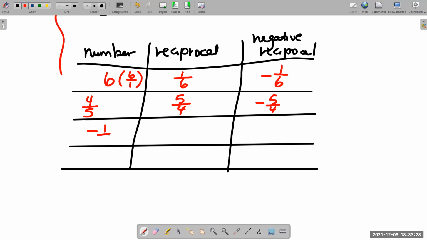Negative 1/3. What is the reciprocal? So this is the challenge. Let's take a try. I don't care if you get it right or wrong. I want to see what you're thinking. Excellent job, -3. So what would be the negative reciprocal?